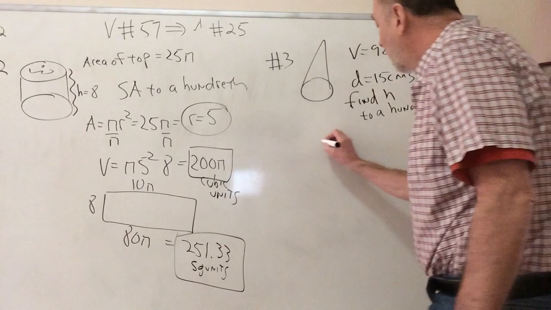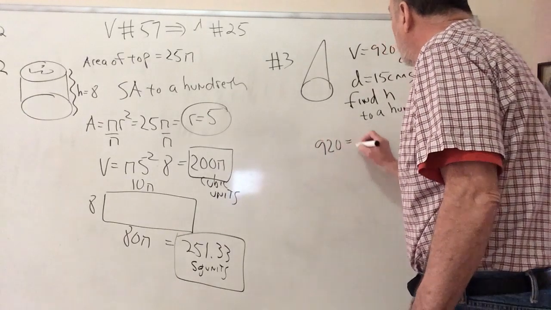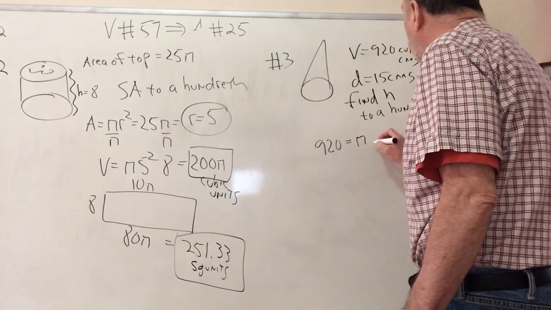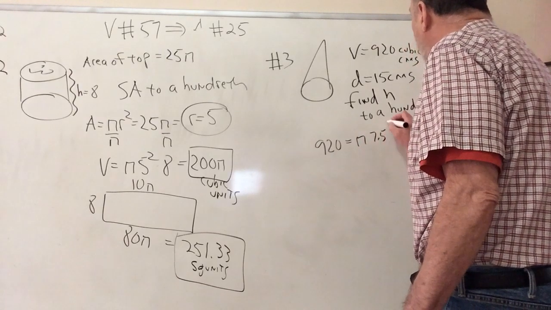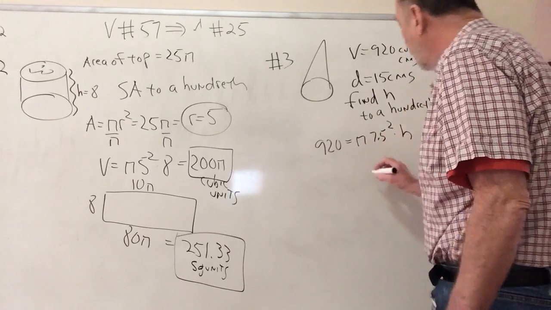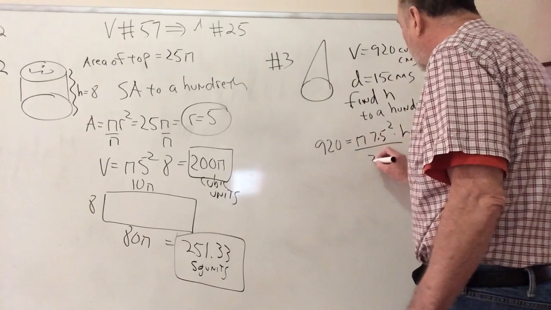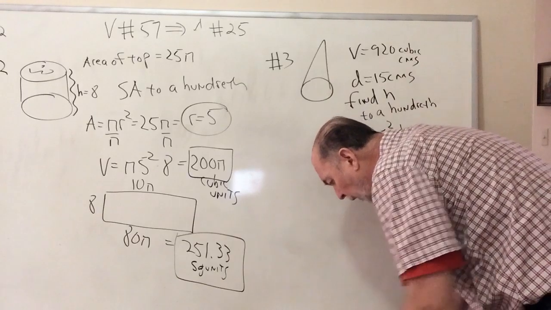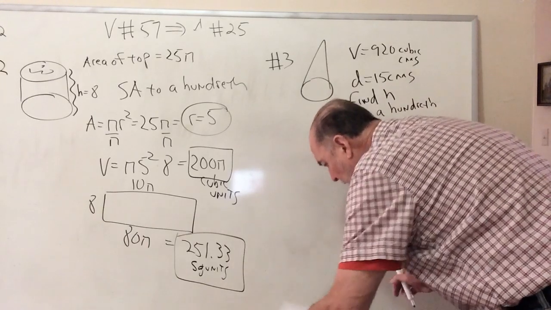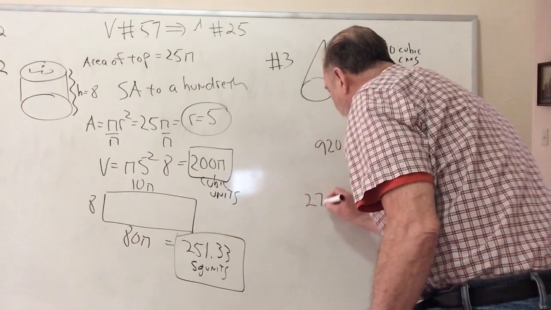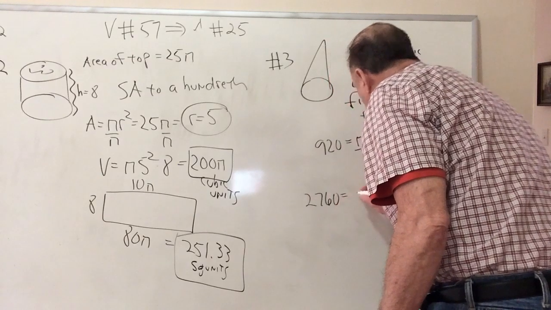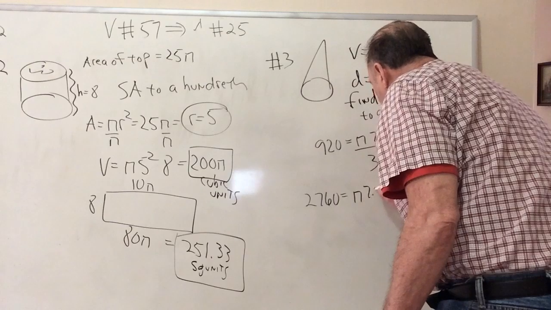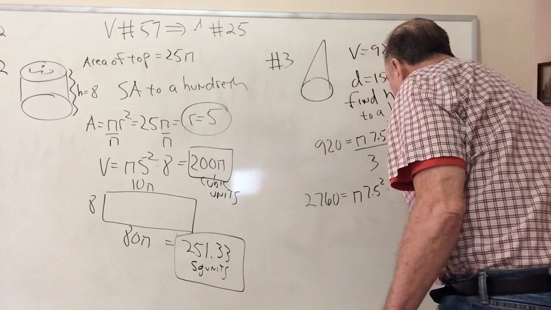Okay, so we have 920 equals pi times 7.5 squared times h divided by 3. So I'll take the liberty of multiplying 920 by 3, and I come up with 2760. This is my perception of the easiest way to do this problem, equals pi times 7.5 squared times h.